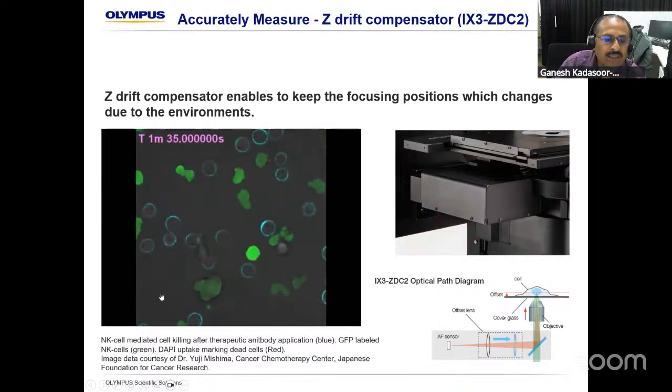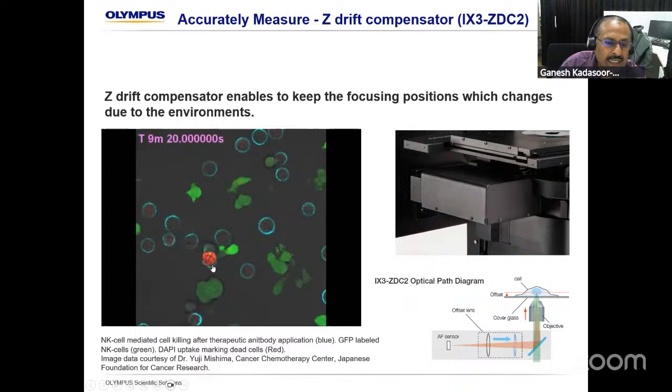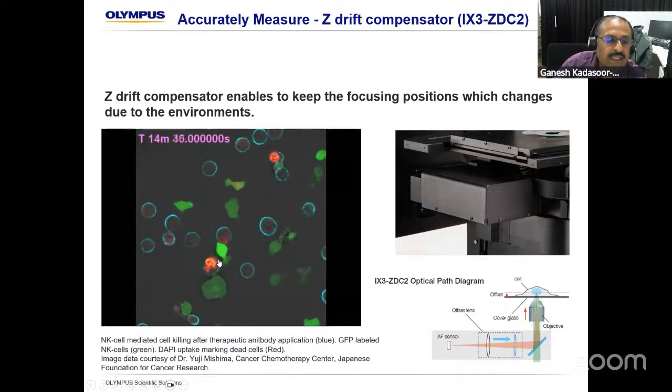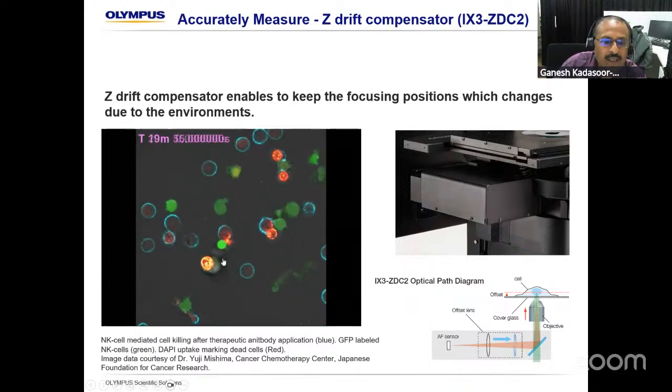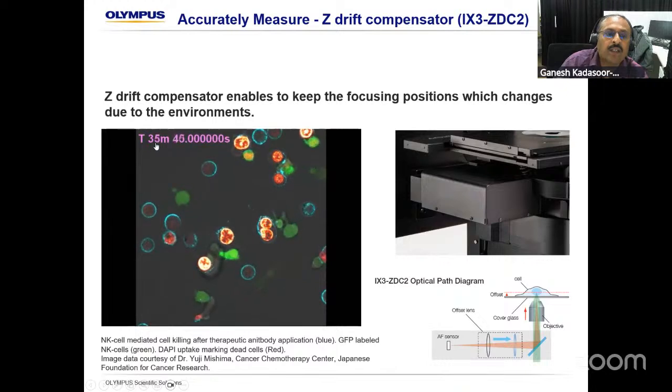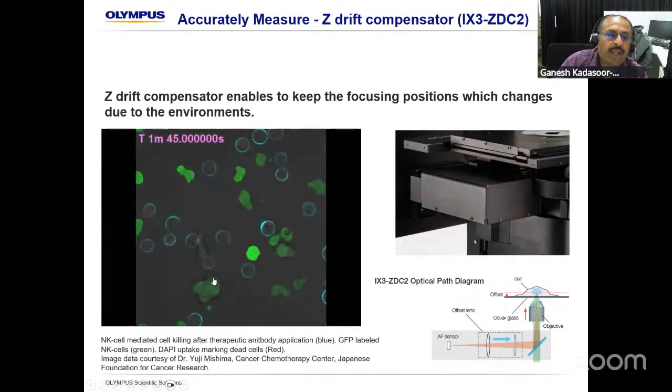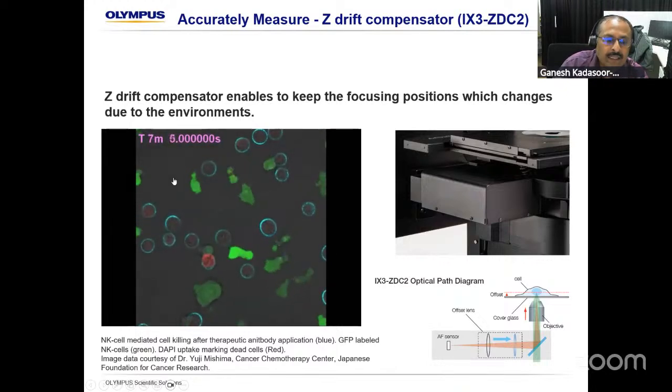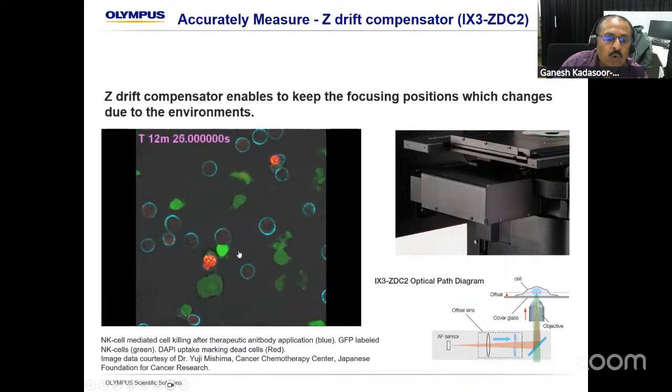If I start this, initially most of them are in blue. Then once the green cells start attacking, the moment the cancer cells die, they will turn red. So this is 24 hours of imaging, with 30 minute intervals. You can actually track when the natural killer cells go and attack the cancer cells and then kill them.